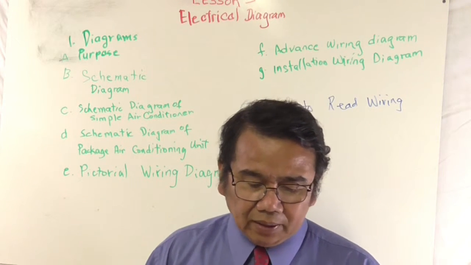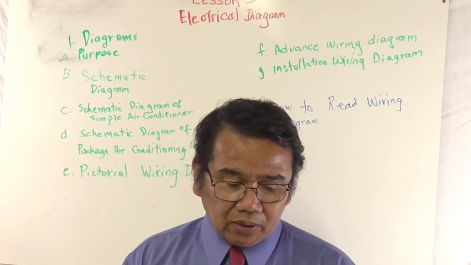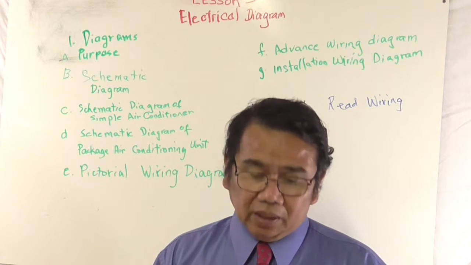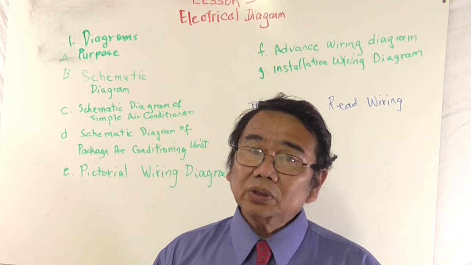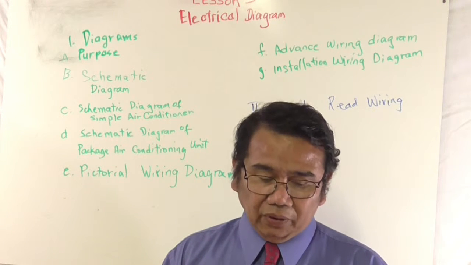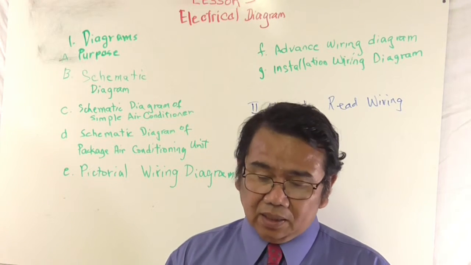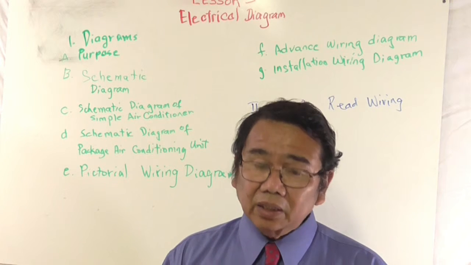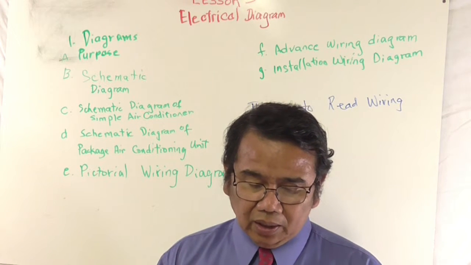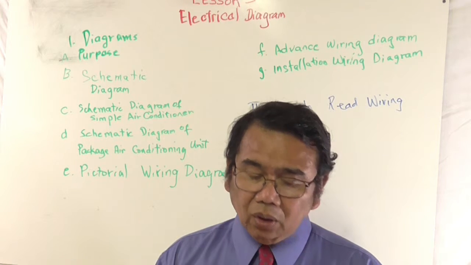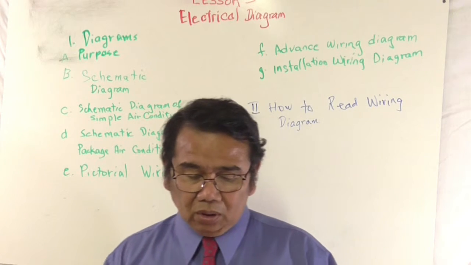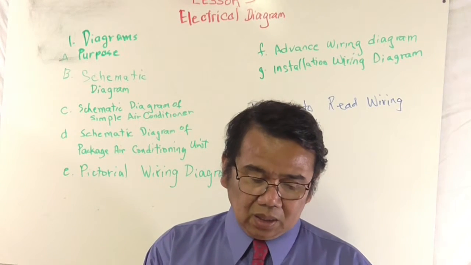Now, the schematic diagram of a simple air conditioner: an air conditioning system with line voltage control. The indoor fan motor is controlled by a switch. The indoor fan motor operates with a double or single throw switch.